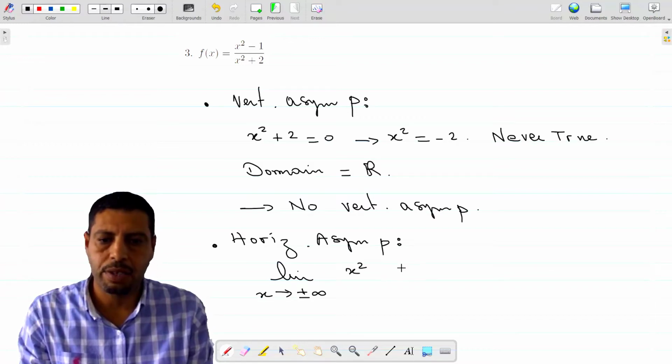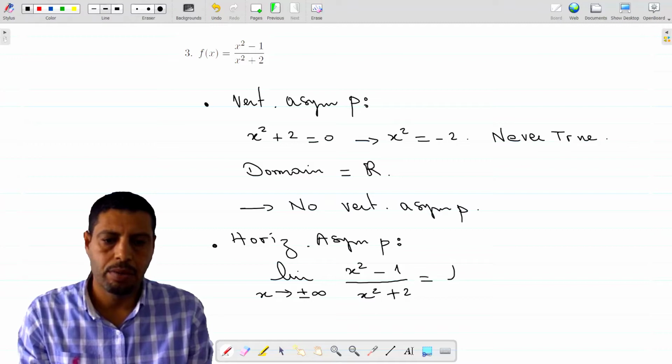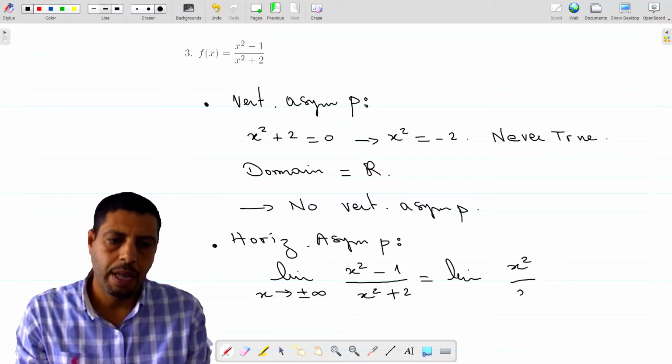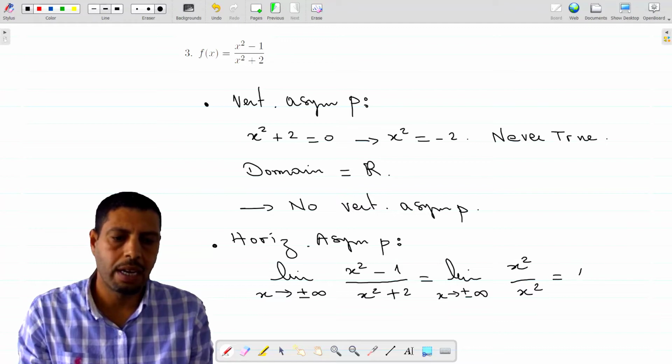So the limit of x squared minus 1 over x squared plus 2 is equal to the limit of x squared over x squared as x approaches plus or negative infinity, and this is equal to 1.